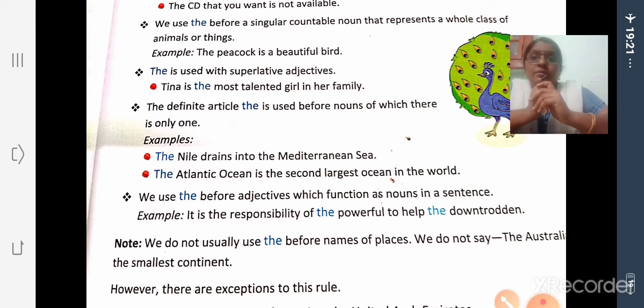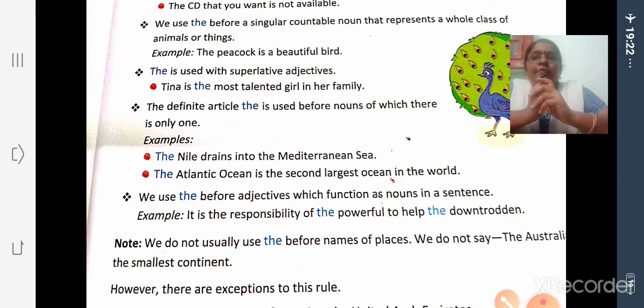This is the best book of grammar. The best, superlative degree. Mount Everest is the highest peak in the world, the highest. Arun is the tallest. The tallest is the superlative. So the is used before the superlative degree of the adjective.